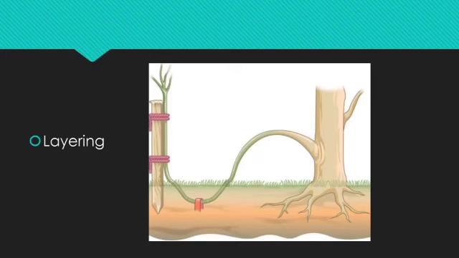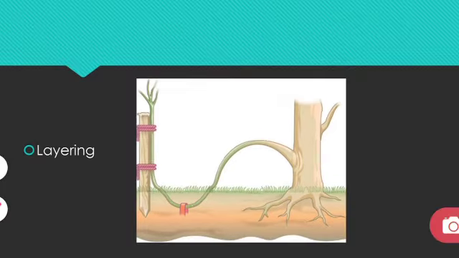Next process comes layering. Layering is a very simple process which, if you remember, was performed in the natural method also. But here what we are doing, we have taken a part of the plant, a long branch of the plant, and we put it under the soil.